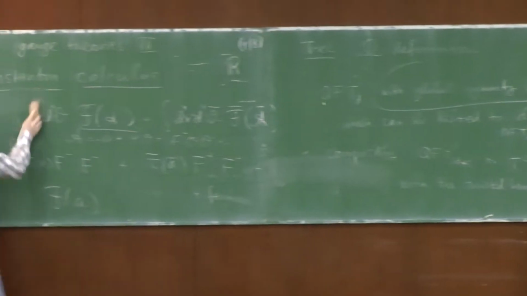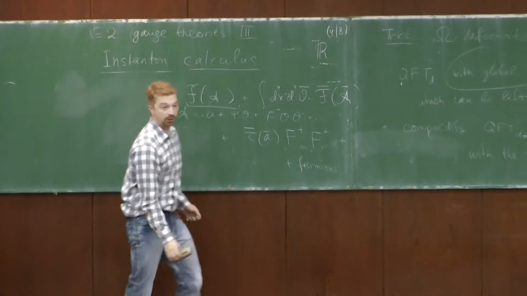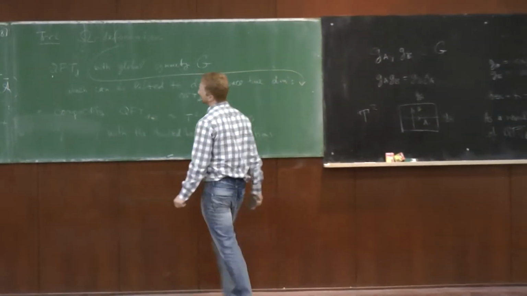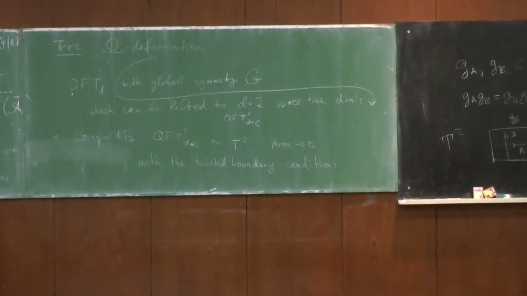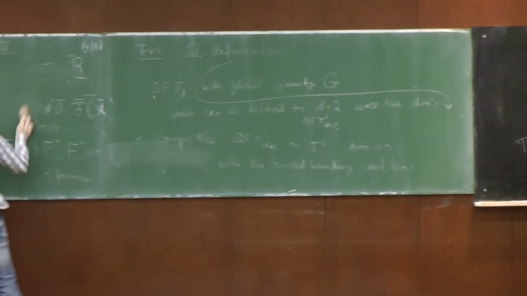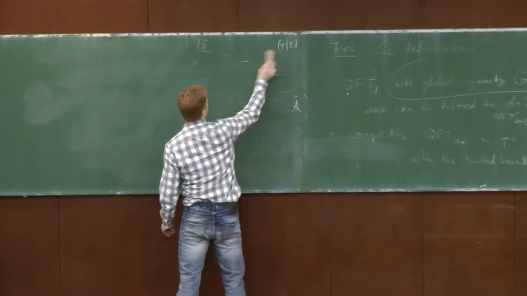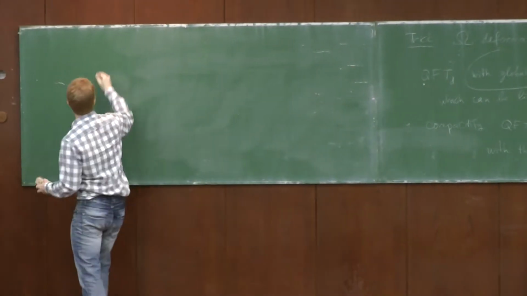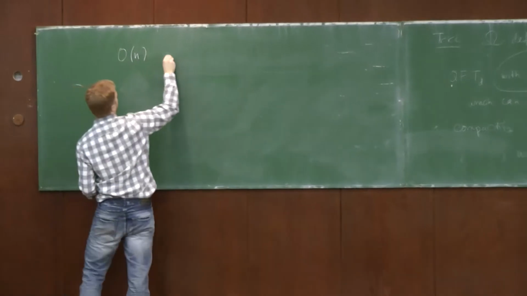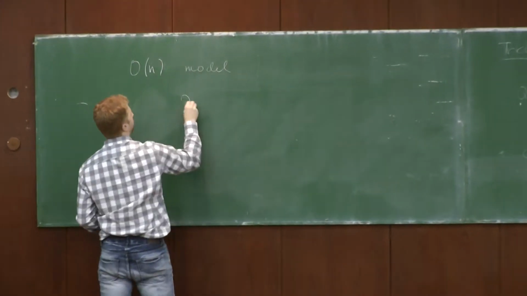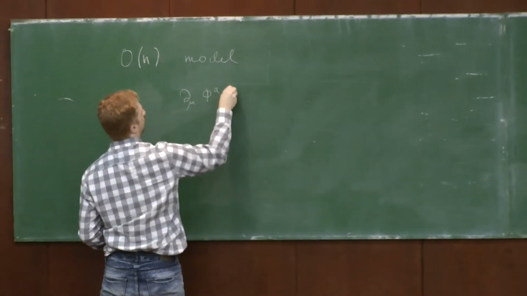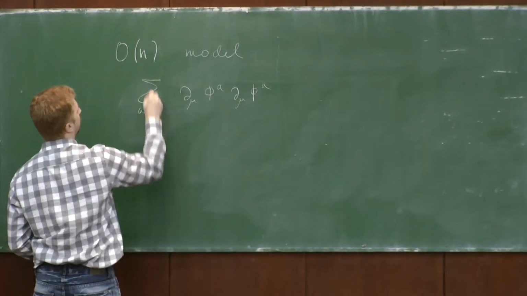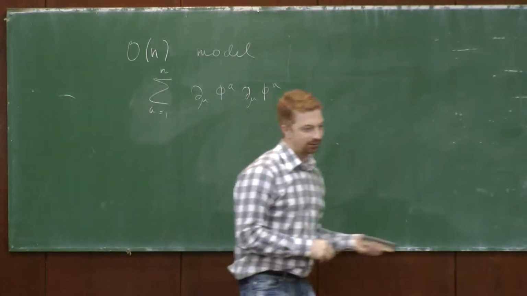Now, yes. Suppose you do it for, suppose you start with the O(N) model, for example. For the single scalar, there is not much symmetry.